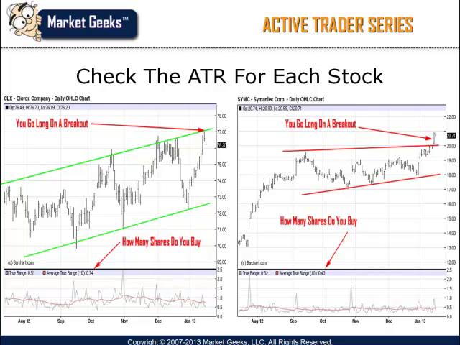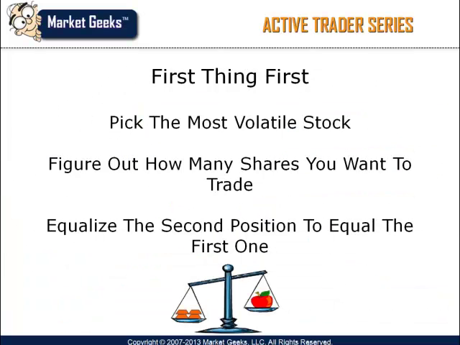In our example, Clorox has an average range of 74 cents per day, while Symantec has an average daily range of 43 cents. You can easily see that Clorox is almost twice as volatile as Symantec. So trading equal shares wouldn't produce a very even profit to loss ratio between both stocks.